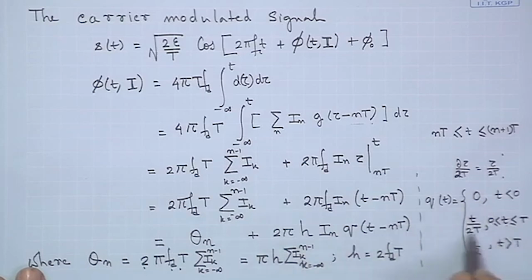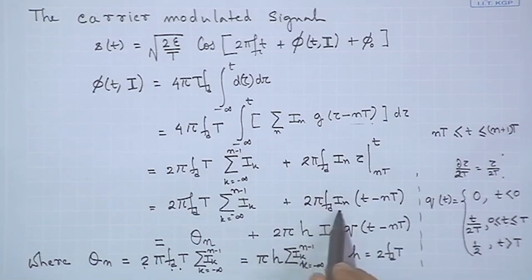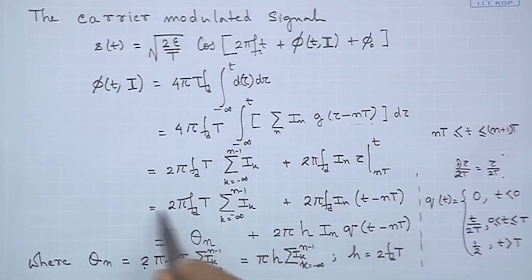For this section, if you put 1 upon 2 T, you would find that this whole expression is valid for this interval, and when you put it over here as half, it would be valid for t greater than n t.